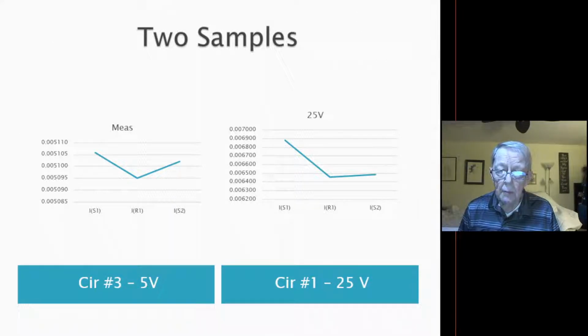So I'm looking only at the shape of the curve to see if I can identify which one of the 3 sets of equations applies. And again, it applies here. And this is the next one, circuit 3 at 5 volts and circuit 1 at 25 volts. So I could go through and show you all 18. It'd be boring.